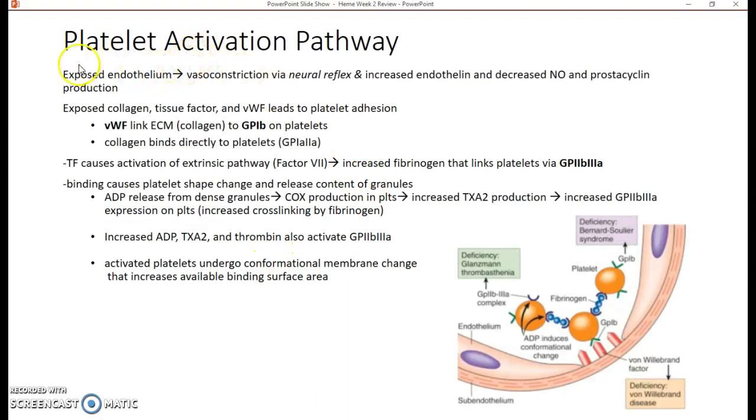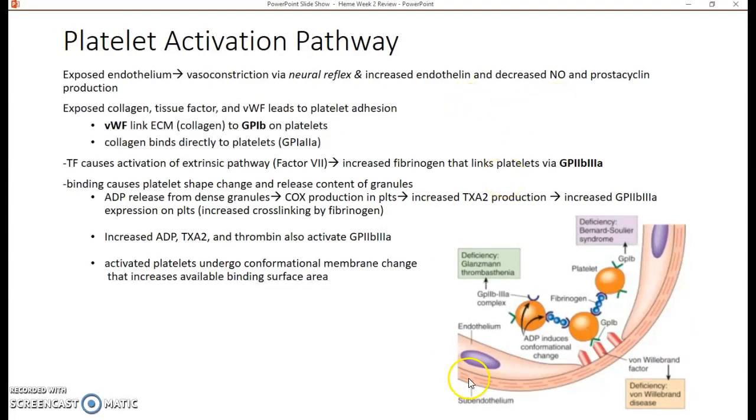So the overall pathway, when you get an injury, you have exposed endothelium, you get vasoconstriction, and decreased nitric oxide, prostacyclin, and increased endothelin, which also cause the vessel to constrict. So basically just to minimize blood loss, the exposed collagen, tissue factor, von Willebrand release from the endothelium, all lead to platelet adhesion, either directly or linking to von Willebrand's.